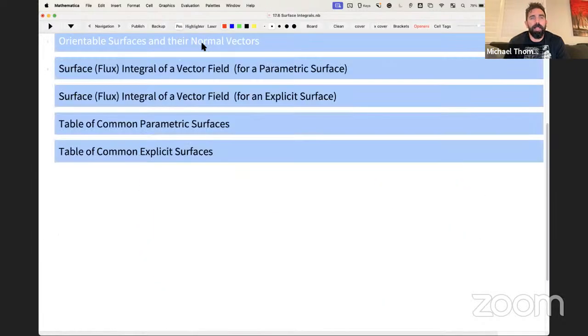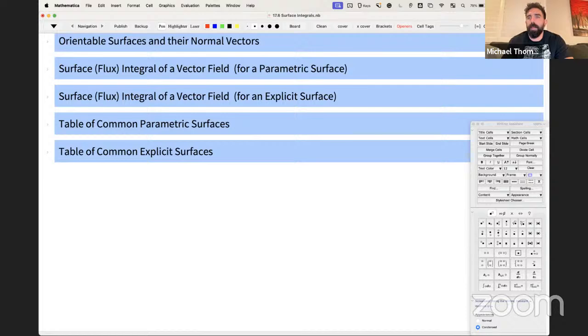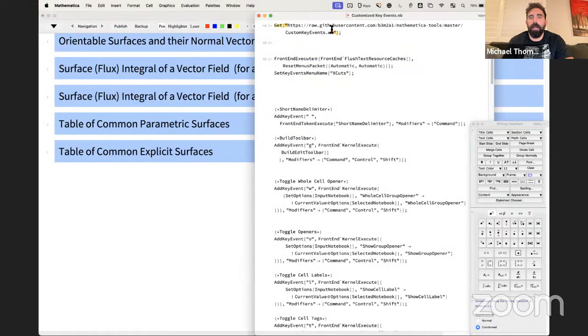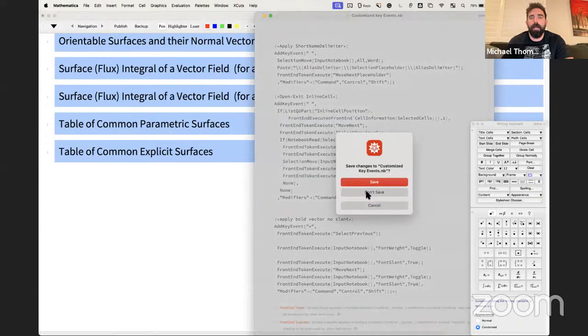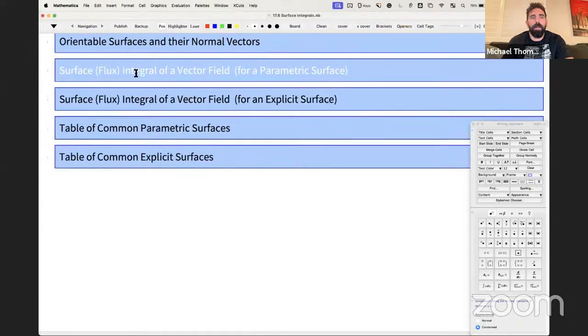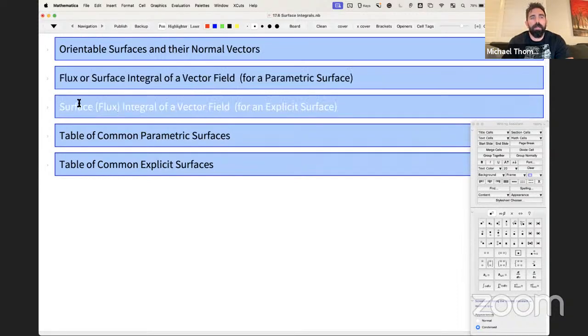All right, so finally, let's evaluate some surface integral of a vector field. We call a surface integral of a vector field a flux integral. So I'll just write flux or surface.